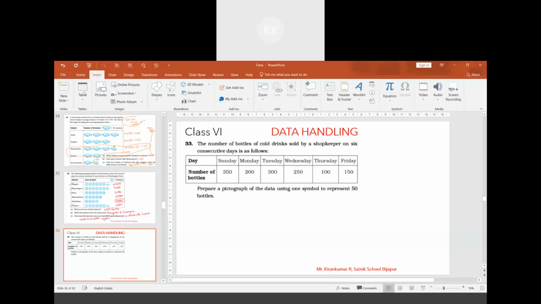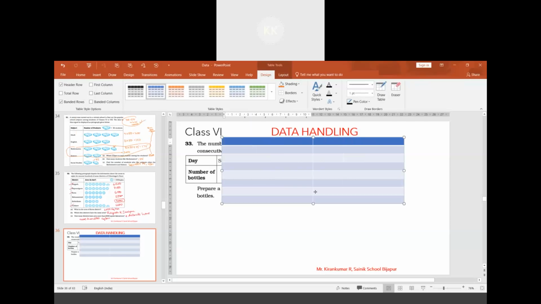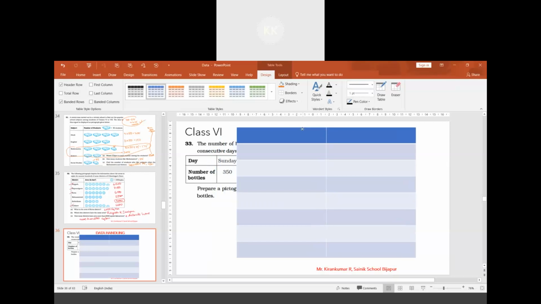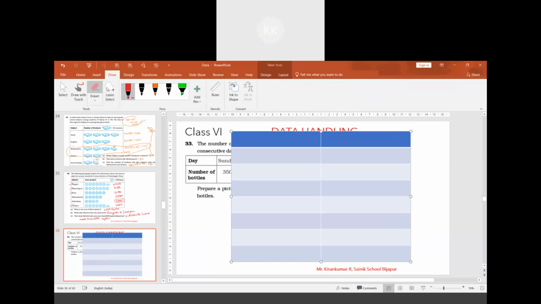Suppose I consider a table, so I have to have two columns. On this, I need to mention the day.